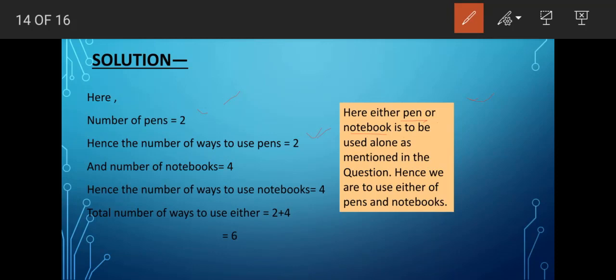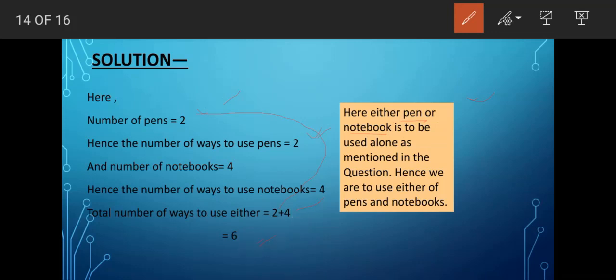So here in this case, the total number of notebooks is 4. Therefore, the number of ways to use notebooks will be 4. Means there are 4 options to choose notebooks. So the total number of ways to use either of them will be what? 2 options from the pens and 4 options from the notebooks. When we combine these two, the result comes as 6.